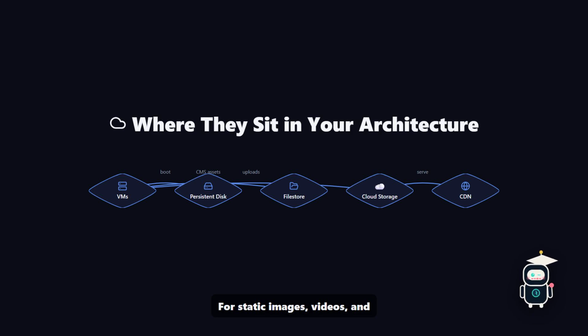For static images, videos, and user uploads, you often store them in Cloud Storage, where they can be served through a global CDN, content delivery network that caches assets close to users for faster delivery. That's not an abstract list. That's exactly how you'd architect a high-traffic site.